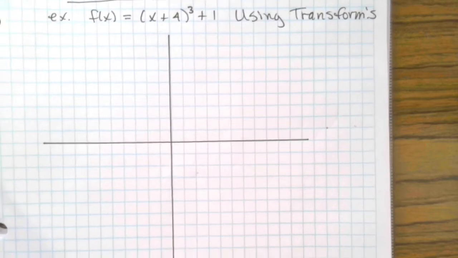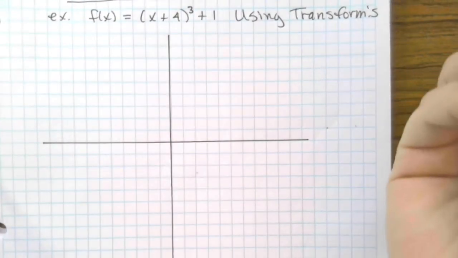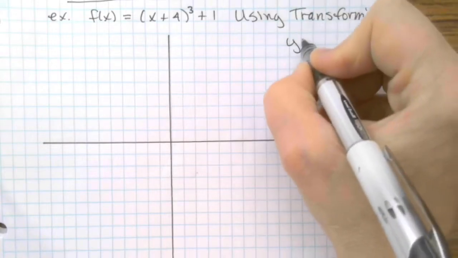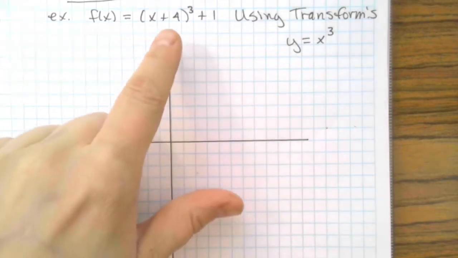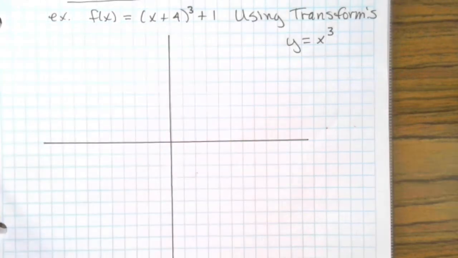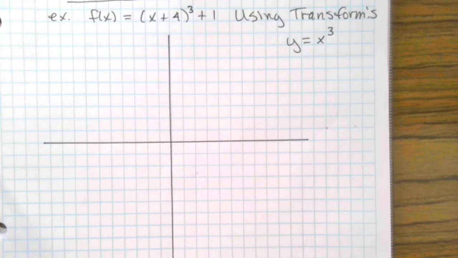And that's so that we can describe what's being done to the original equation, which of course was y equals x cubed. Okay, so remember that when you do transformations, you always start on the inside of the x's, and you always do stretch, shrink, translation, or reflection.